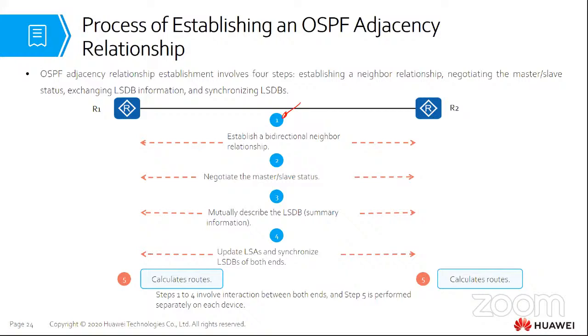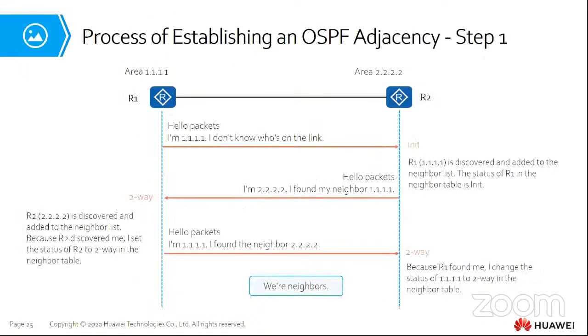Right. So let us look at the first step. Now you should remember, we talked about 5 OSPF packets. We say the first one is the hello packet. Who remembers? The second one, we say, is the database descriptor.